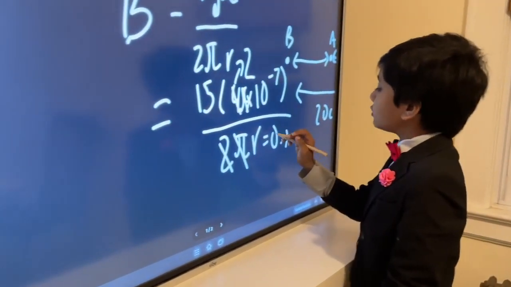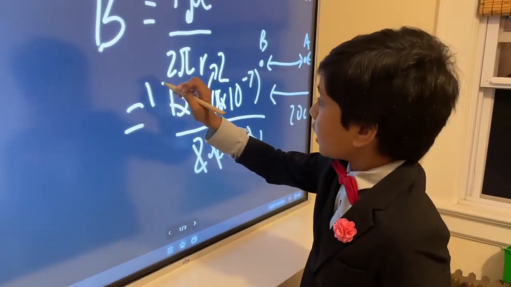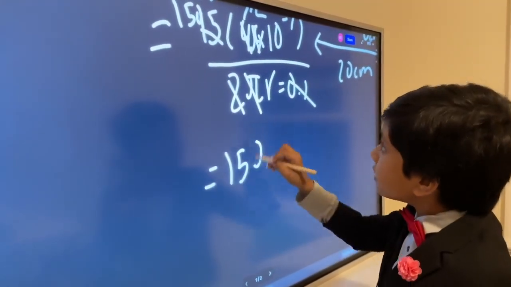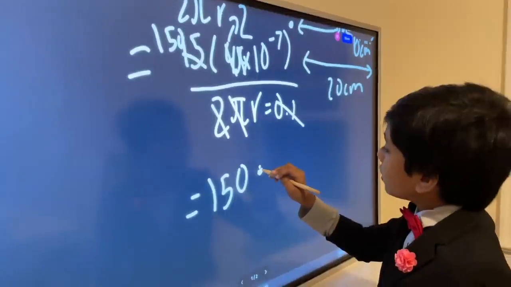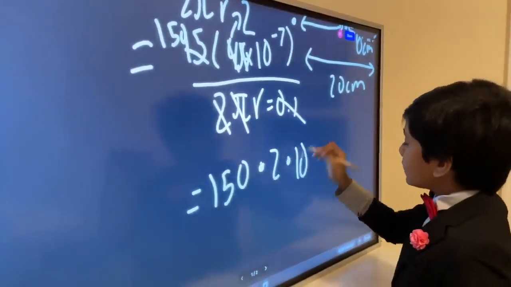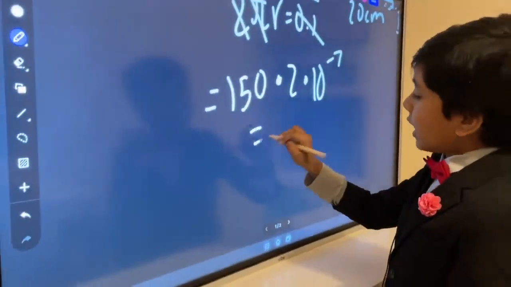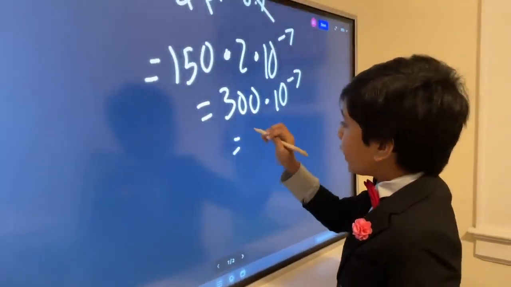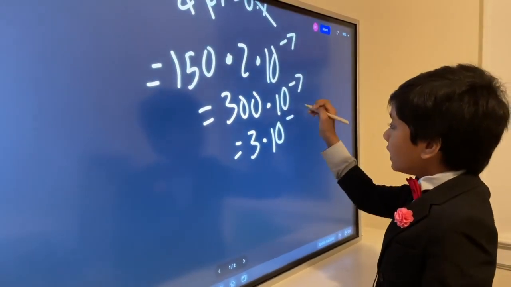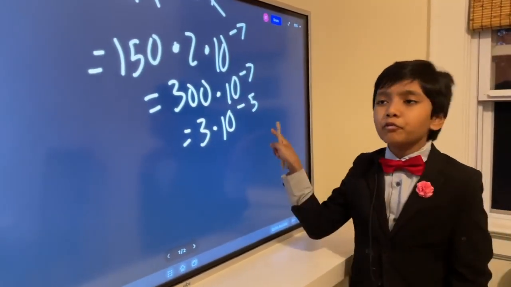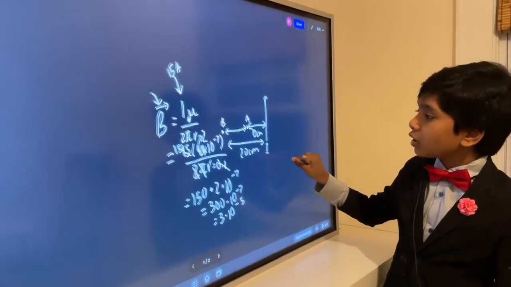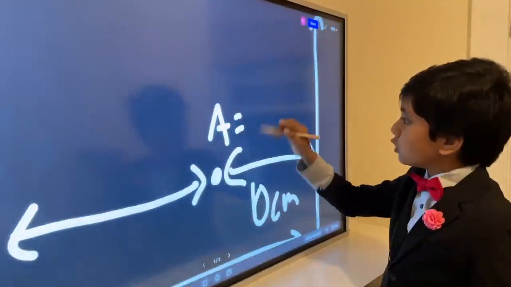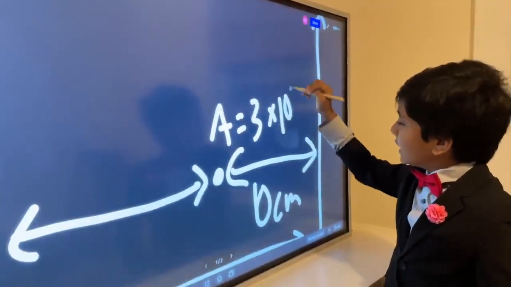So now that goes into 150 times 2 times 10 to the negative 7th, and then we have 300 times 10 to the negative 7, so we go down 2 ranks, and we get 3 times 10 to the negative 5th power. And now we have calculated it for A. So let's go back and take it. A is equal to 3 times 10 to the negative 5th.